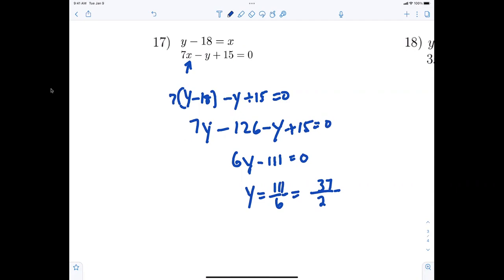7 times y minus 18. 7y minus. Do 7 times 18, is that 126?